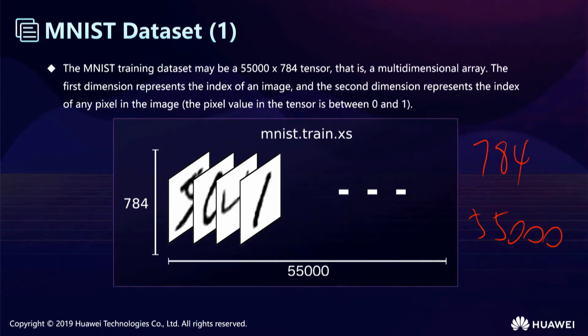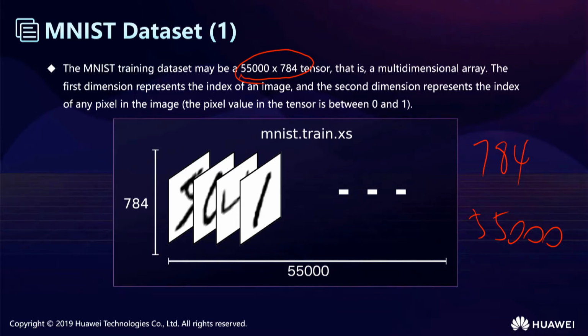Then we combine 15,000 pictures together, and we can get a 15,000 multiplied by 784 tensor. This is a two-dimensional matrix. The first dimension represents the index of the picture, and the second dimension represents the index of the pixel in the pictures.